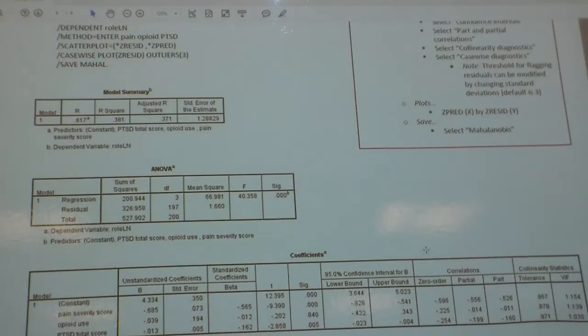And so what we would say is that based on our regression model, we estimate that the best linear combination of pain severity, opiate use, and PTSD total is accounting for about 38% of the variability in the natural log of role functioning. Okay? And so this is our multiple correlation here. This is our R squared, so we interpret it as a proportion of variability.